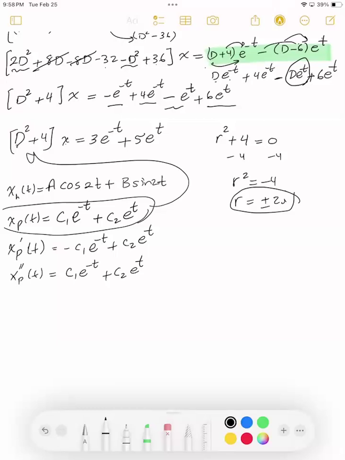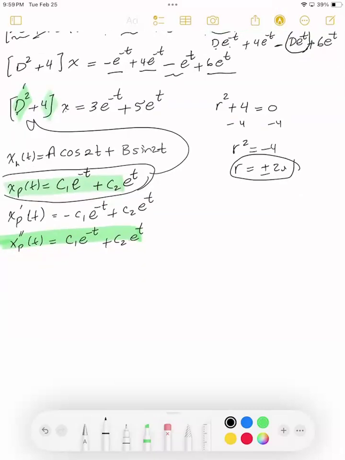And now we are going to substitute them. I substitute that here, and I substitute that for this one, because this one is the second derivative of x plus 4x.